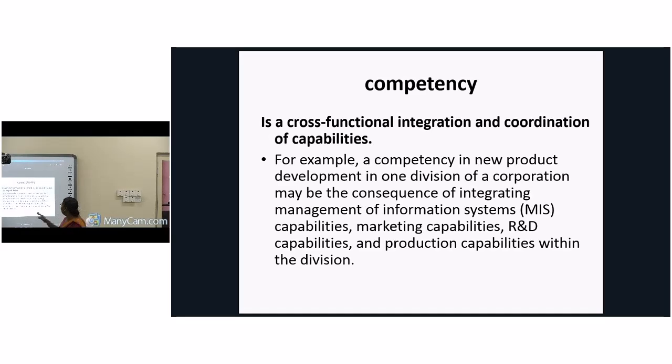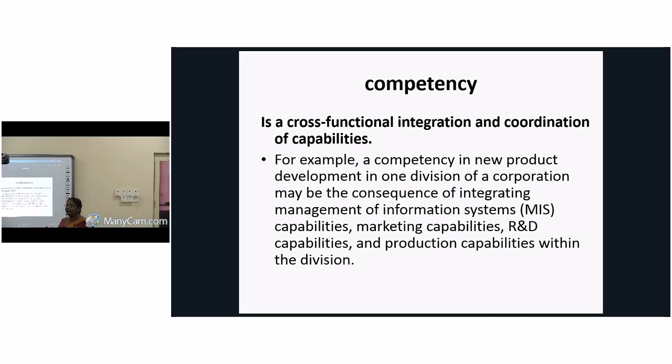So, new product development is a collective task of all these capabilities and resources, right? Integration. Take this as the meaning of competency.